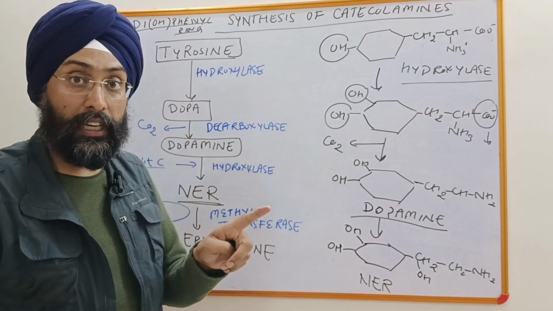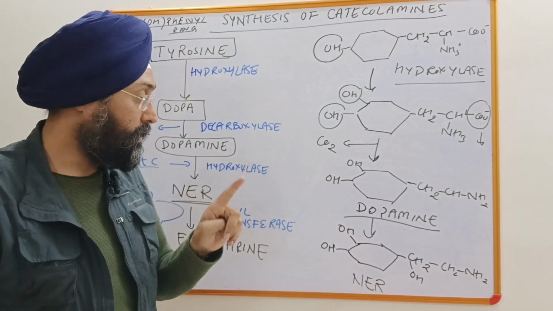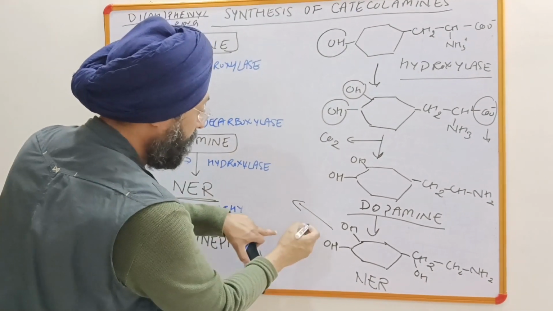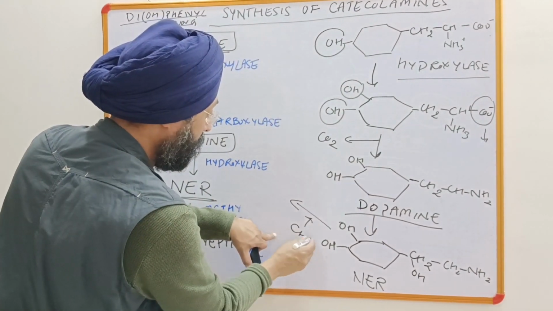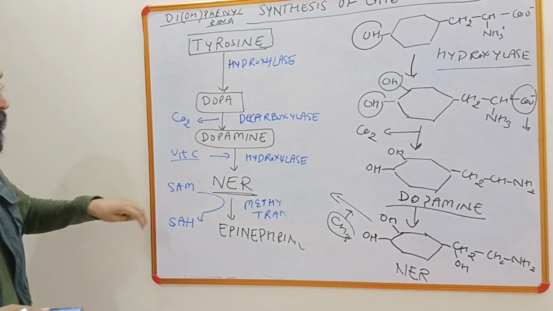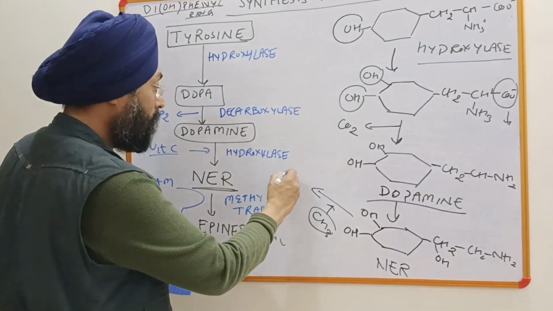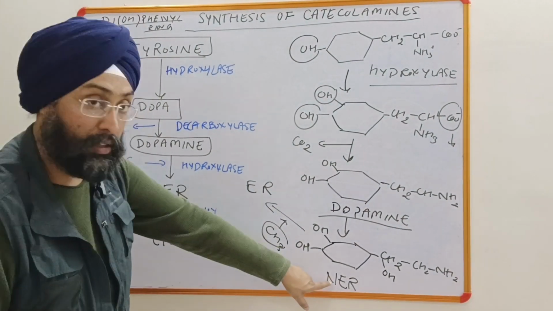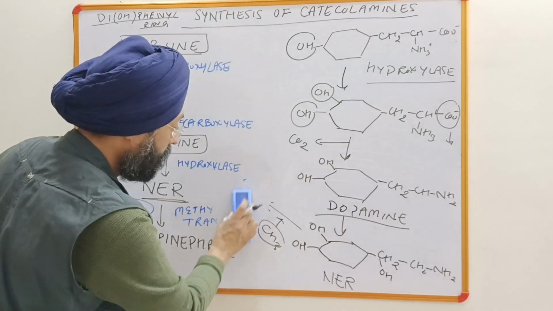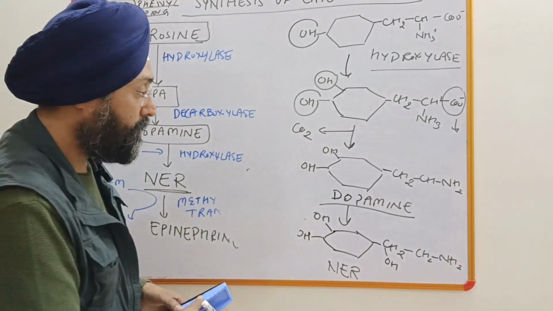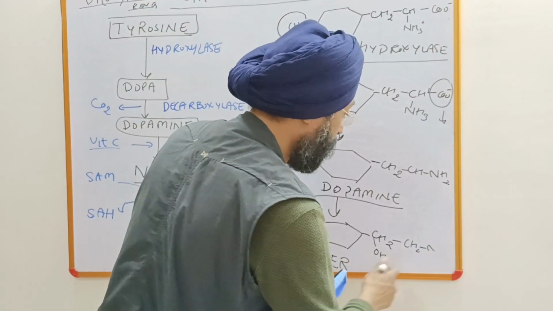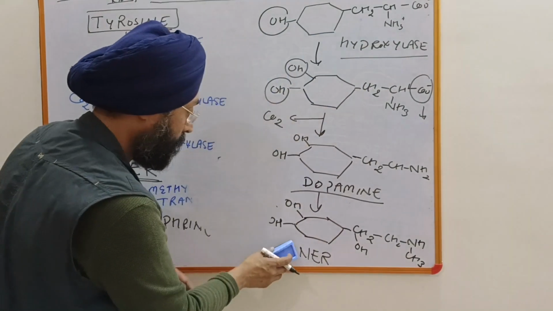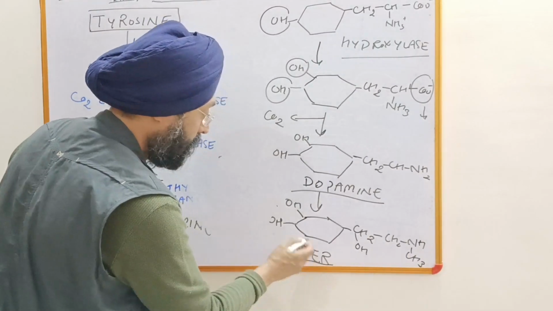Nor means it doesn't contain a methyl group, norepinephrine, right? And norepinephrine, when further methylated by SAM, S-adenosylmethionine, will be converted to epinephrine, right? So in order to convert norepinephrine to epinephrine, this is norepinephrine. When I introduce a further methyl group here, now it is epinephrine, right?